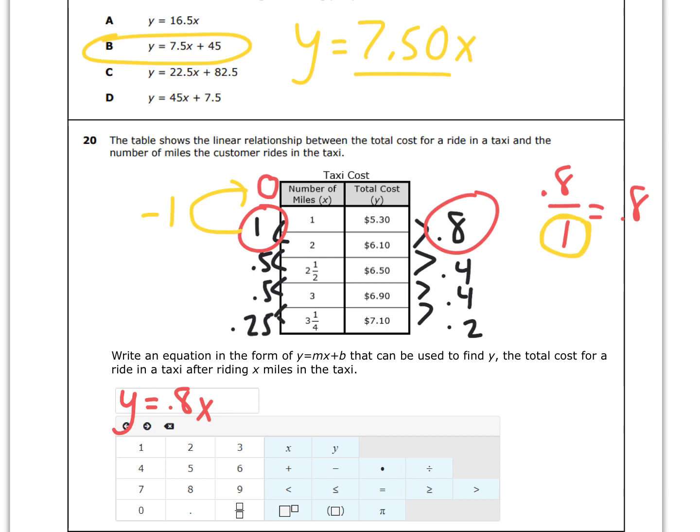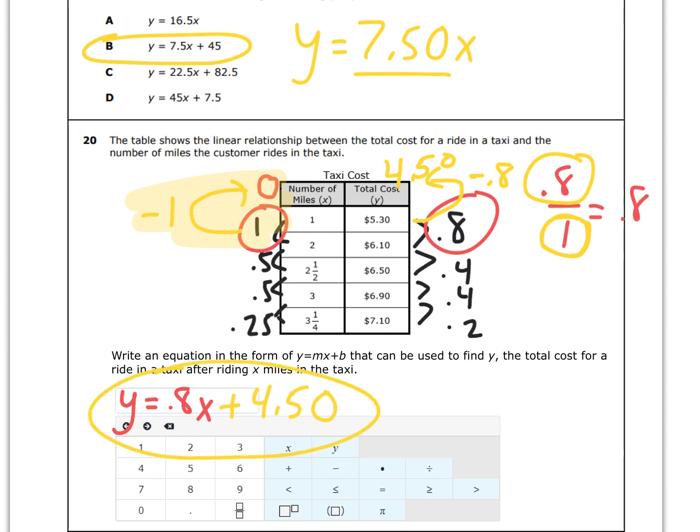So if I go down by the exact value of my run on the left side over here, then on this side I should go down by the exact value of the rise, this value. So I should subtract 0.8. So what is 5.3 minus 0.8? It's 4.50. So add 4.50, and we now have our equation.